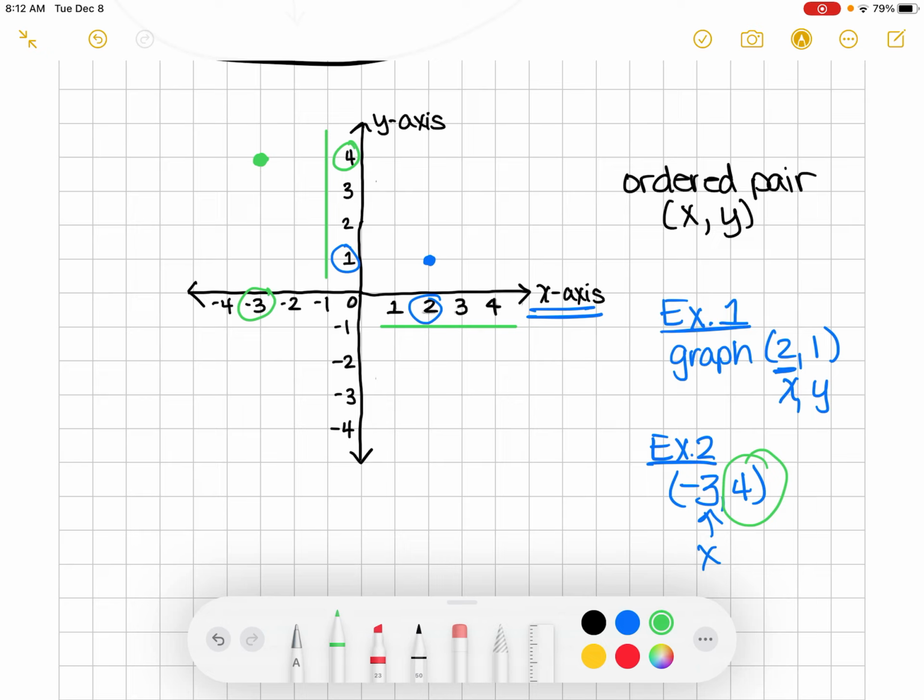So any numbers I have in this section are going to be positive no matter what. That's why it's the first quadrant, because it's always positive. And then it just goes counterclockwise. It goes over here for quadrant 2 because this still has positive numbers right here. And then we have negative numbers on the X.